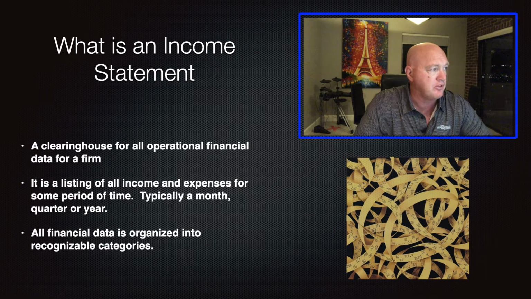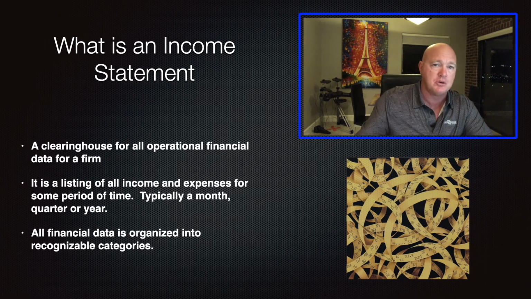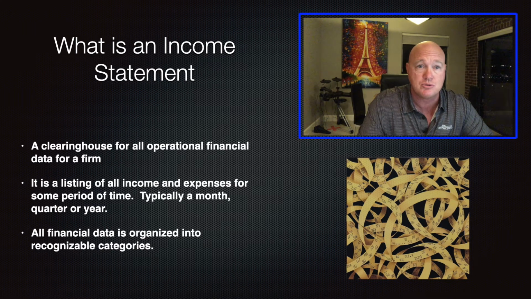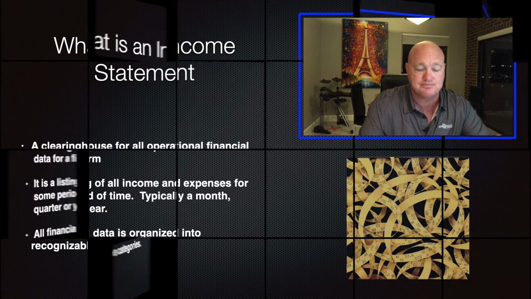With an income statement, all the financial data is organized into recognizable categories. Those categories are typically standardized, so people know that this kind of expense always goes in this category, and that's called Generally Accepted Accounting Principles, or GAAP. That's the manner in which CPAs agree to do things.